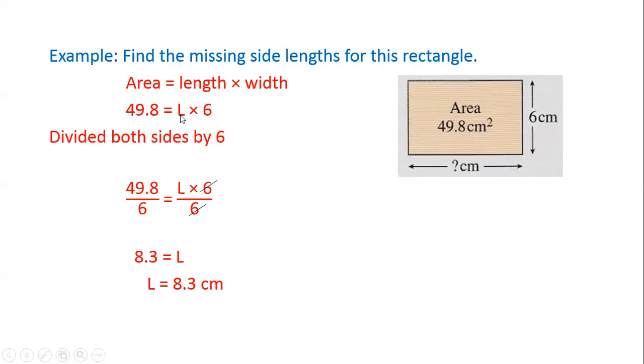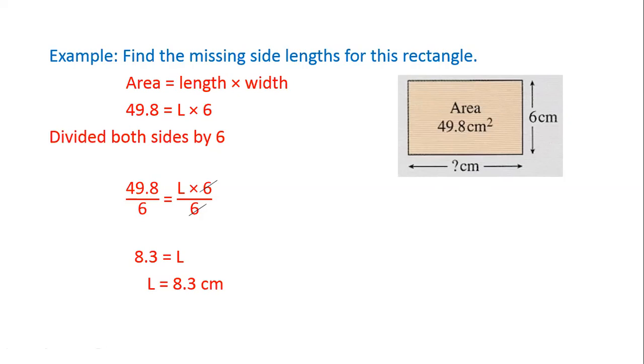So you will divide 49.8 by 6 directly. If you divide 49.8 by 6, it will be 8.3 centimeter.